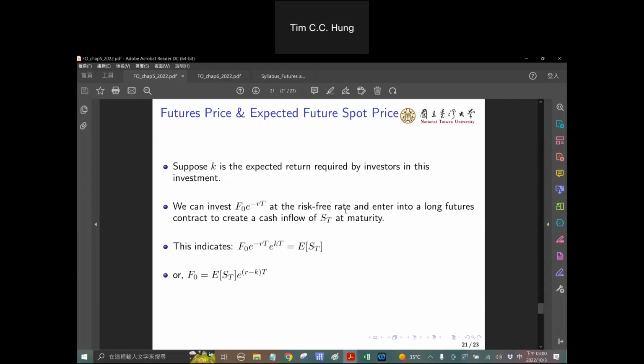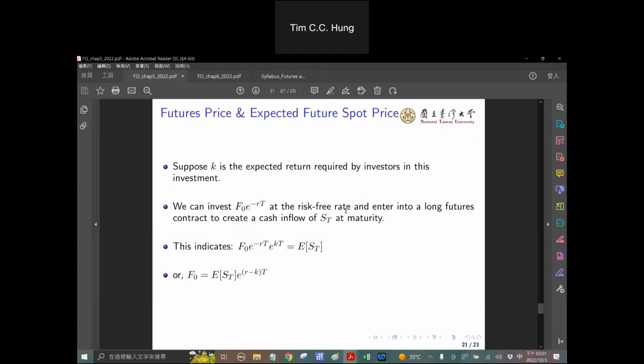Everything okay so far? We also mentioned that we are making some assumptions. We assume that an investment in this underlying asset will give us a rate of return of small k. So it tells us that F0 times exponential negative RT, multiplied by exponential of kT, should be equivalent to ST. We can simplify this expression a little bit.